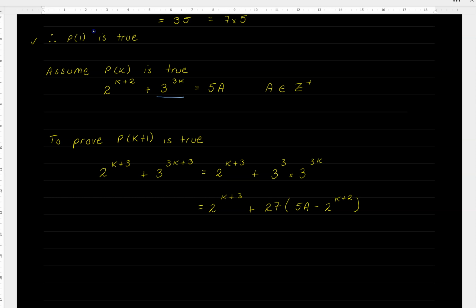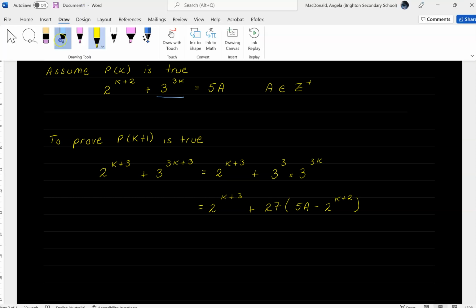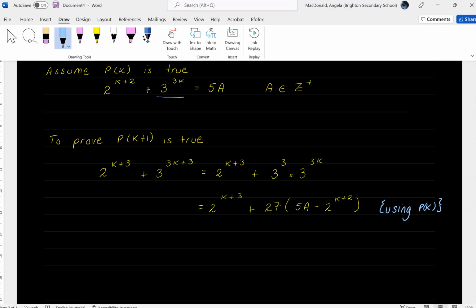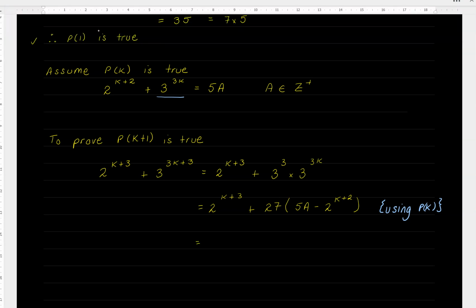So that is where we have used pk. I think I've forgotten to write that in a couple of the other ones. And away we go. So I've got 2 to the k plus 3 plus 27 lots of 5a.